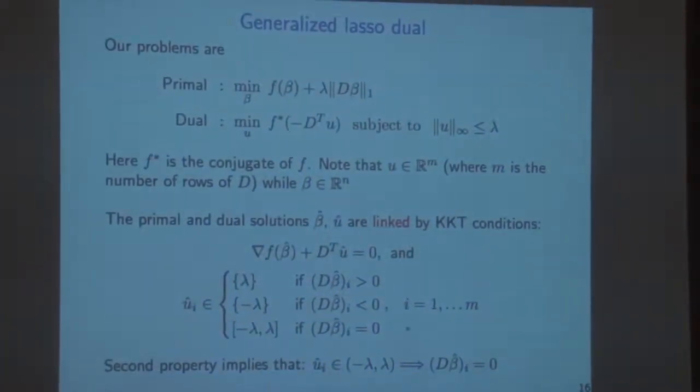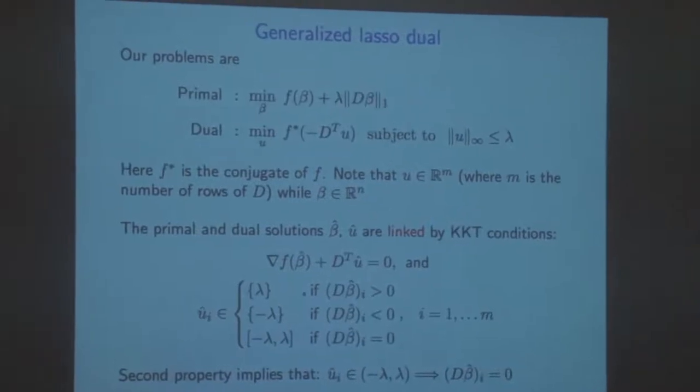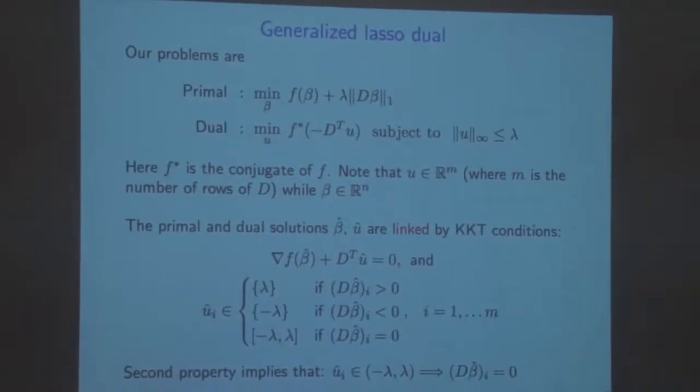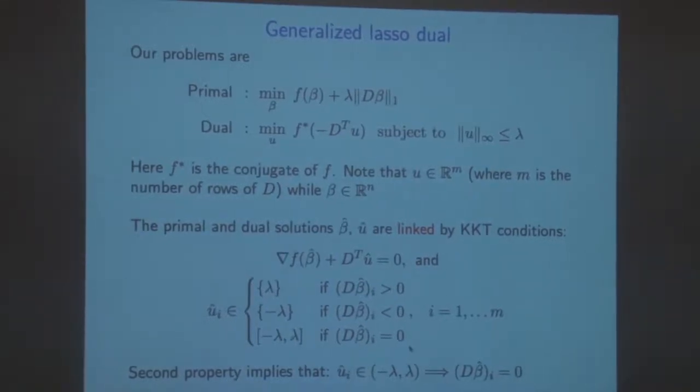You could also have seen this from the complementary slackness condition. This would have come out from that as well. So this one doesn't really help us in solving for beta, given that we have u, but it's worth writing down anyway because it'll help us later understand the relationship between the primal and the dual.